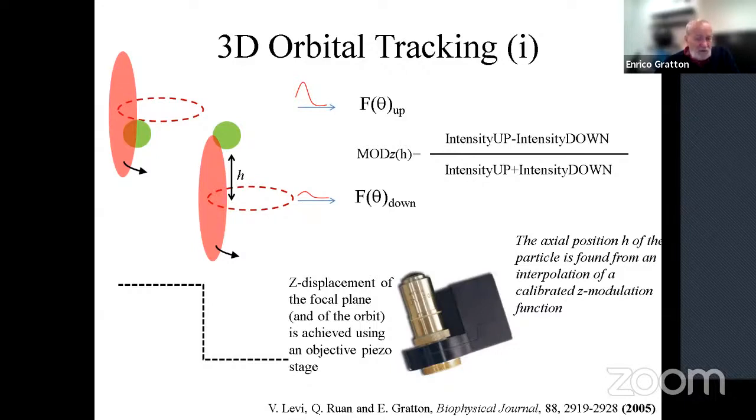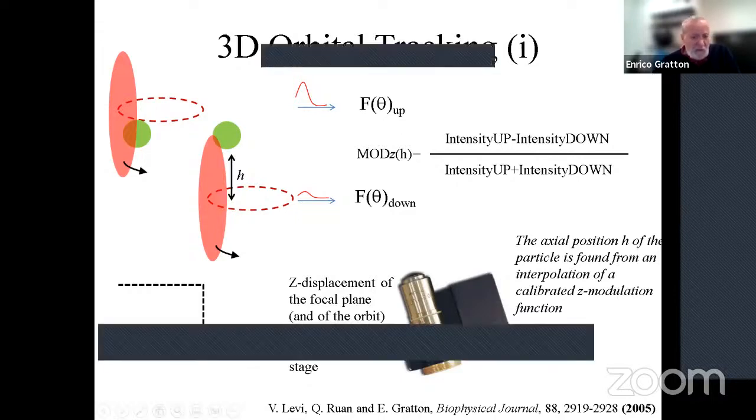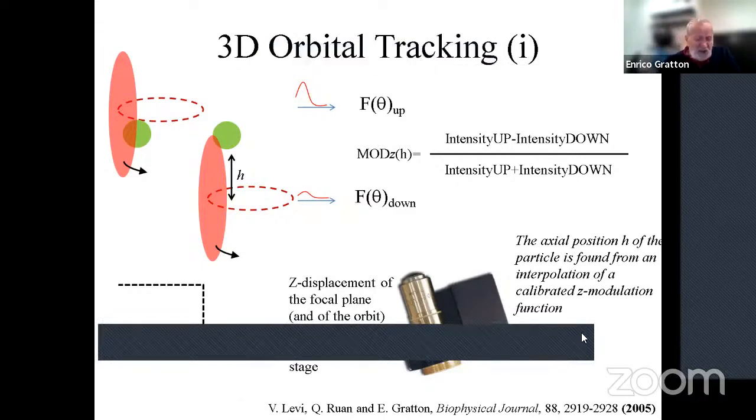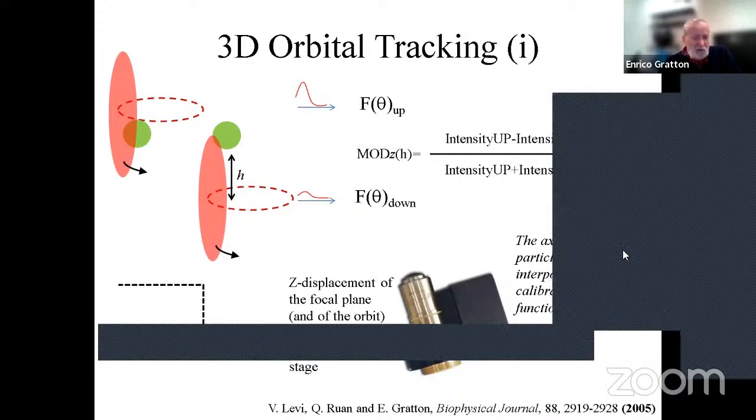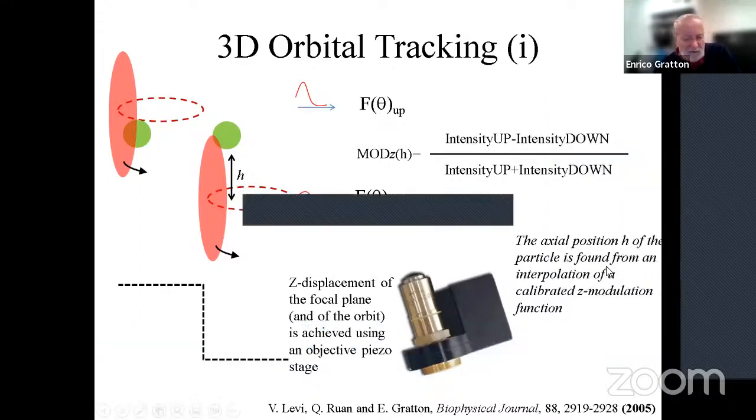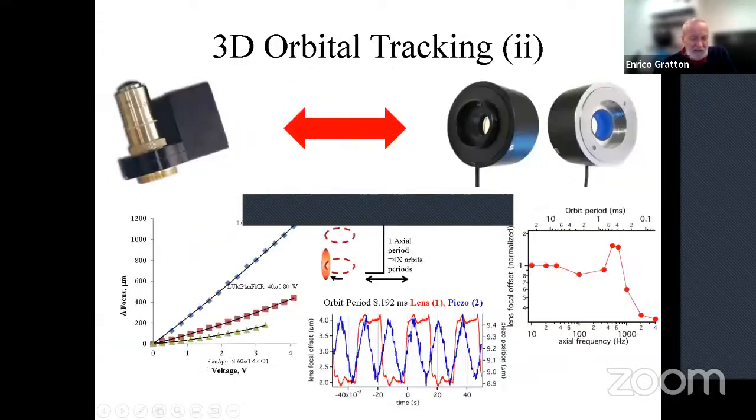Essentially, by changing the focus of the microscope in a given way, we can change the modulation if we go one orbit up and one orbit down. So can I get the next slide?